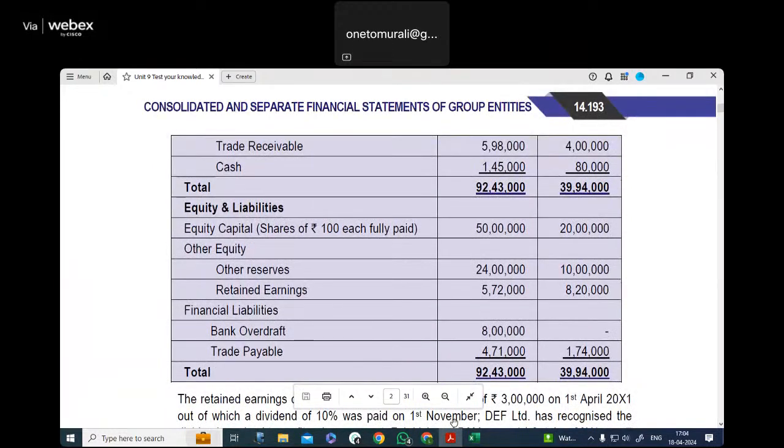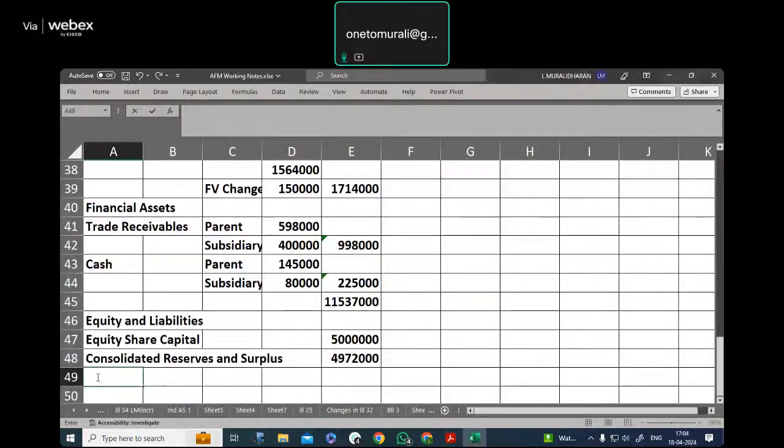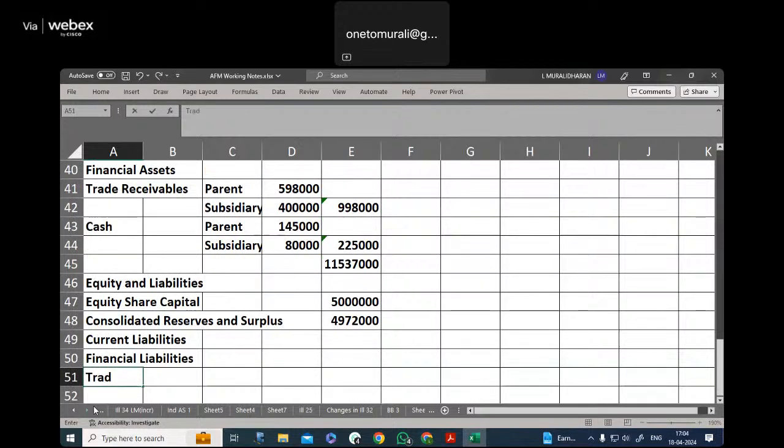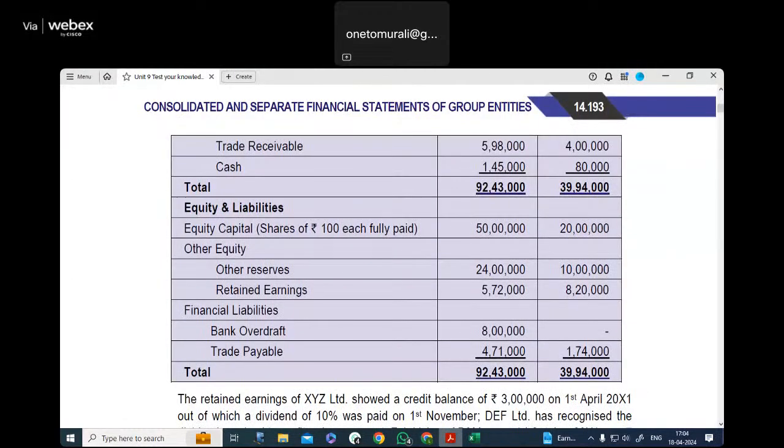Then financial liabilities, where we have for trade payables some adjustment. So let us be careful with that. First one is bank overdraft.